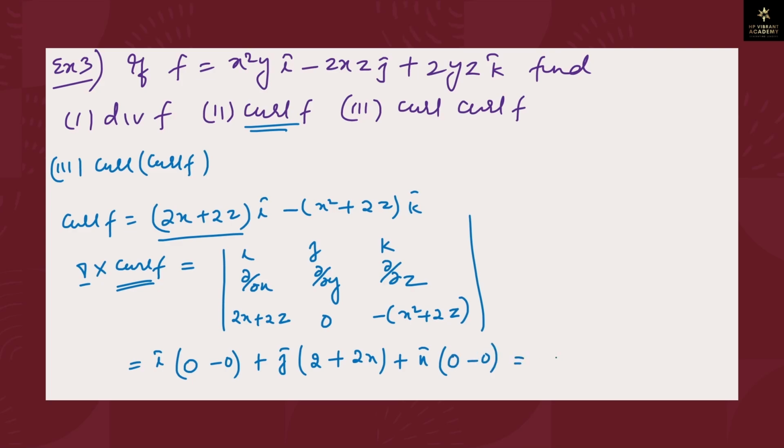So this is equal to 2x plus 2 times j cap. Okay, so we have the value of curl of f as 2x plus 2 times j cap.